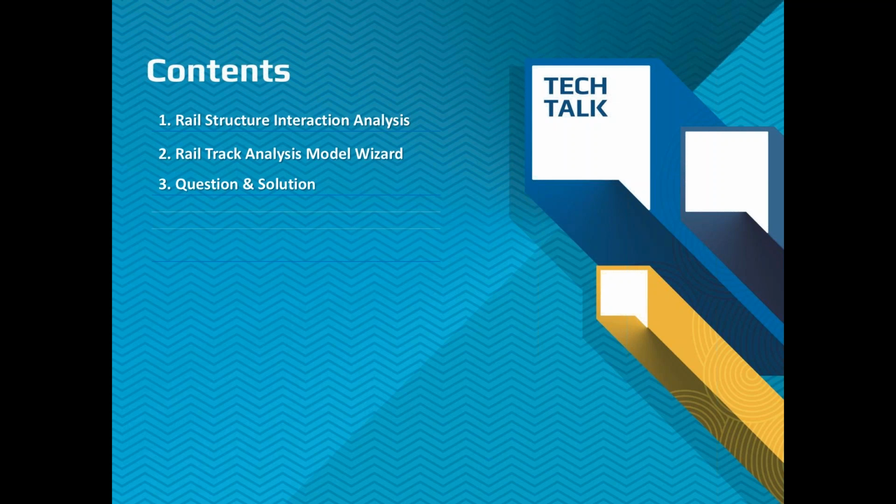So we have a dedicated wizard for that, which is called Rail Track Analysis Model Wizard. So we will look into deep how to use that wizard and how to generate model and generate report using rail track analysis model wizard. Then post that, if you have any questions, we'll have a brief discussion session at the end of this webinar. So let's begin in today's topic, which is rail structure interaction analysis.